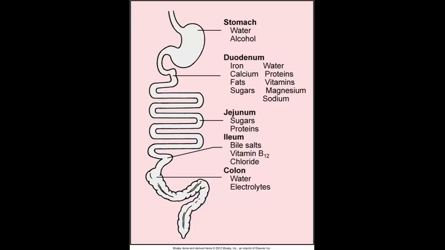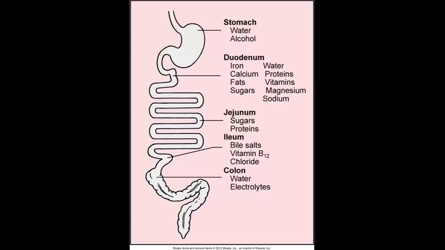So starting out, obviously the food's going in the mouth, going down the esophagus into the stomach, and it hits the stomach, and we're going to be absorbing water and alcohol at that point. Then into the duodenum, where we start to absorb some of our electrolytes, our proteins, vitamins, etc. Now down into the small intestine, where we're starting to absorb our sugars, so our carbohydrates and our proteins are being absorbed, and then into the ileum, bile salts and vitamin B12 and chloride, and then lastly in the colon, where we reabsorb water.